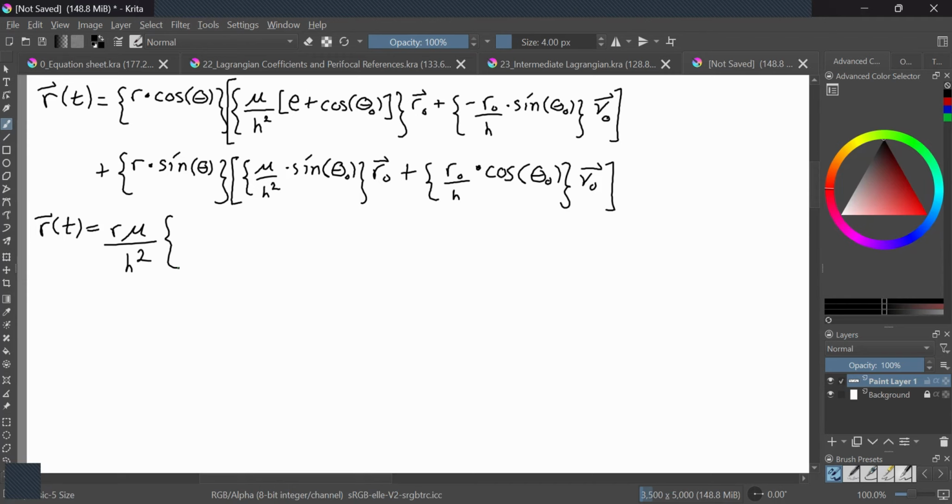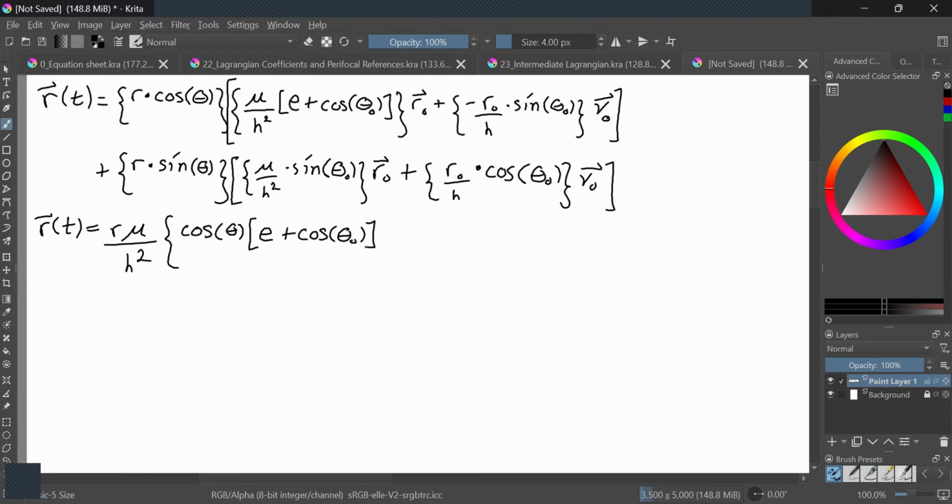This will be times cosine of theta times e plus the cosine of theta naught.